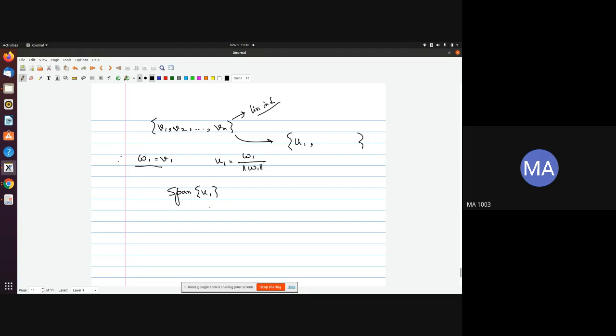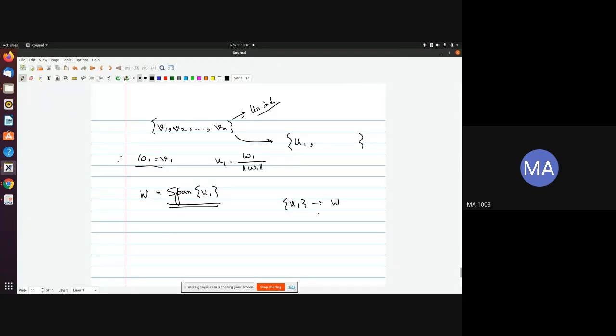Then what I am doing, I am considering a subspace W of our original vector space, the span of U1. So U1 is an orthonormal basis of W, because only one vector is there and it is a unit vector.